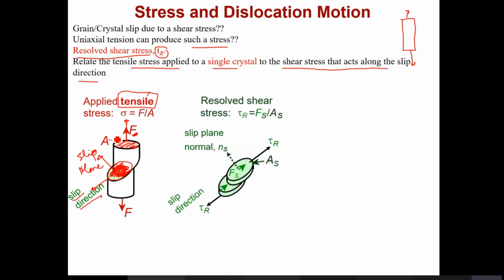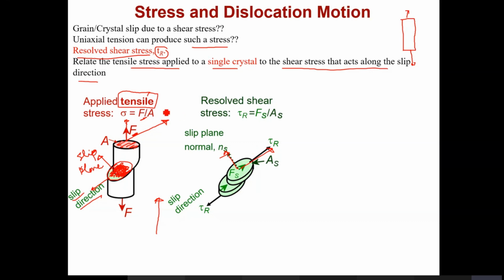Let's see. The normal force acting here, some component of it would be acting along this direction. If I want to resolve this force F onto this plane, there would be a normal component and there would be a component parallel to this green area.